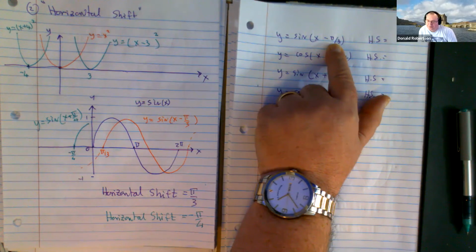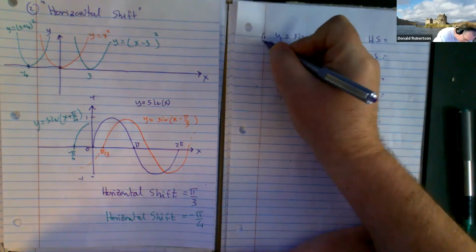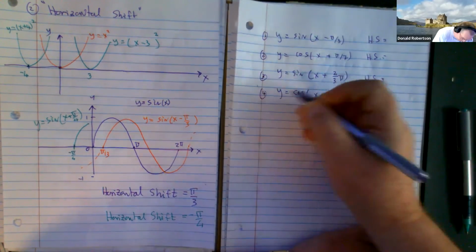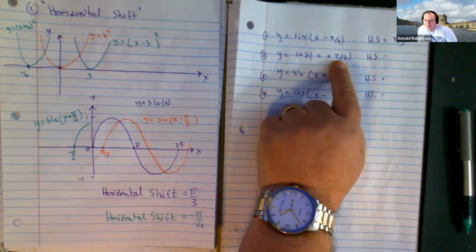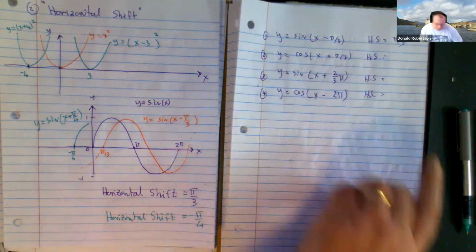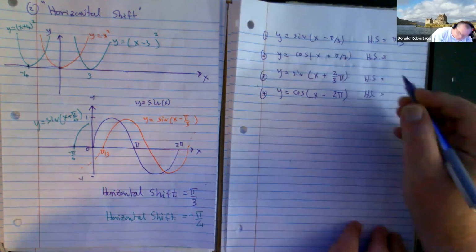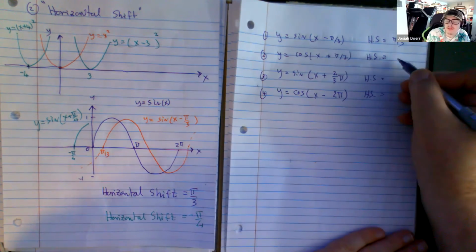Positive or negative pi upon 3? Positive. Agreed? What's the second one? Positive or negative pi upon 7? That would be negative pi upon 7.